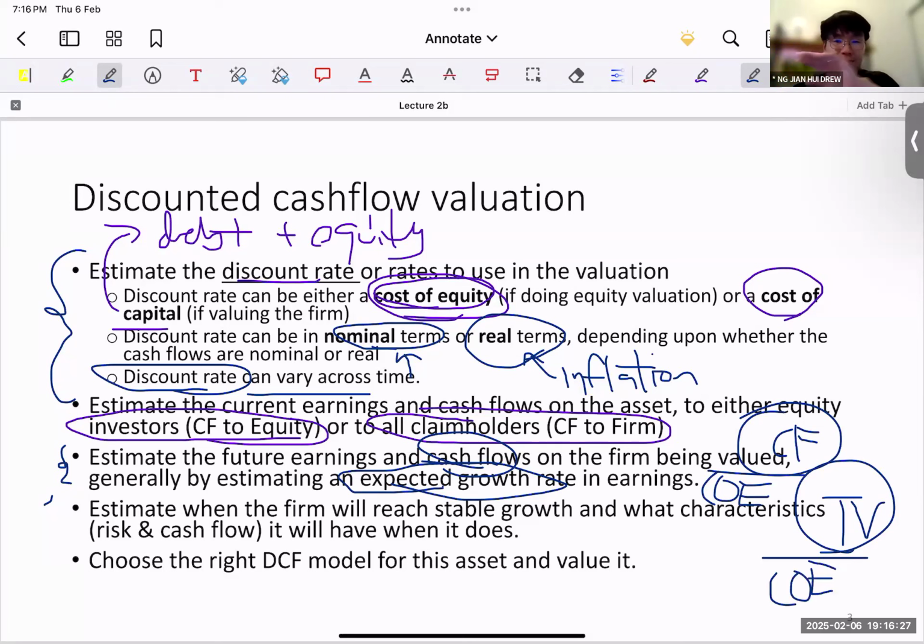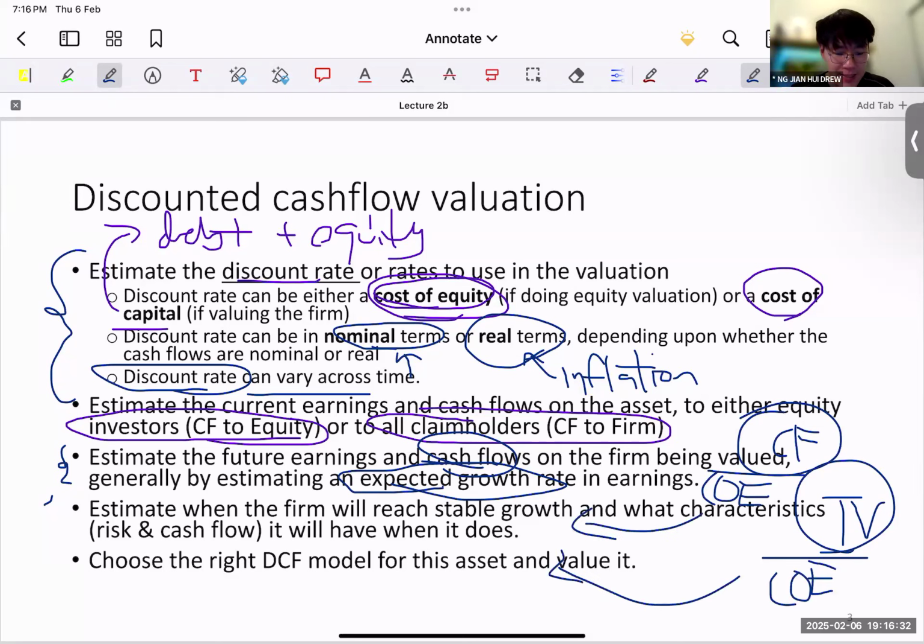So that's why I put a divide, because it's divided all the way back to present time here. And that's where we can get our valuation. Okay, so this is just a quick overview of what we're planning to do, right?